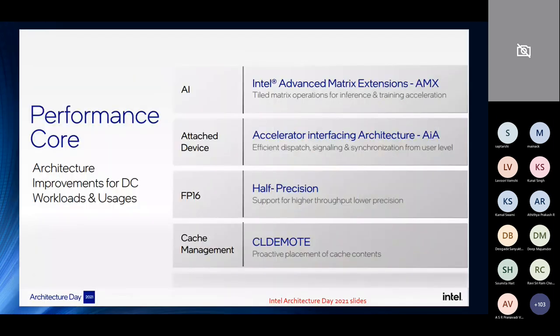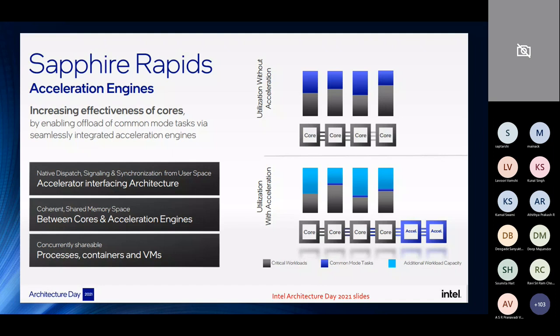Now, why do we need these accelerators, right? In a traditional system where, let's say, you have these 4 cores and you are running some process which requires all these 4 cores to be utilized, what can happen is you can have some common mode tasks being worked on by all these 4 cores.